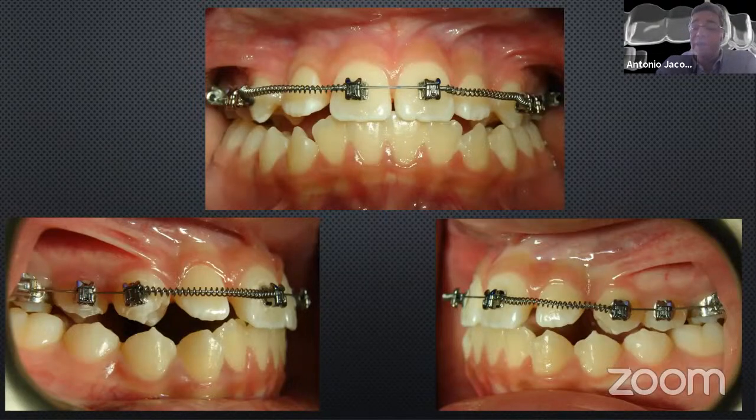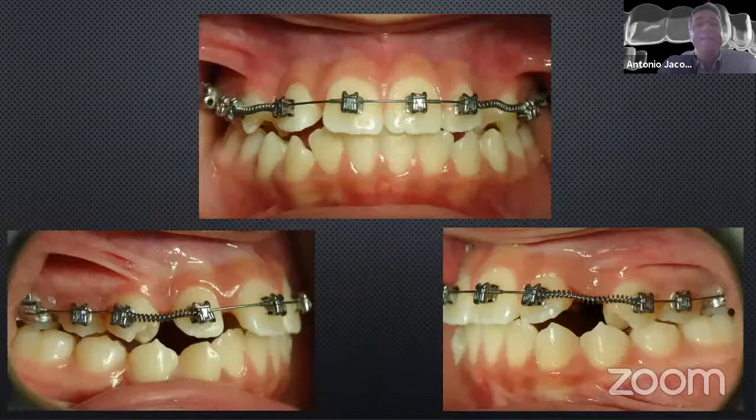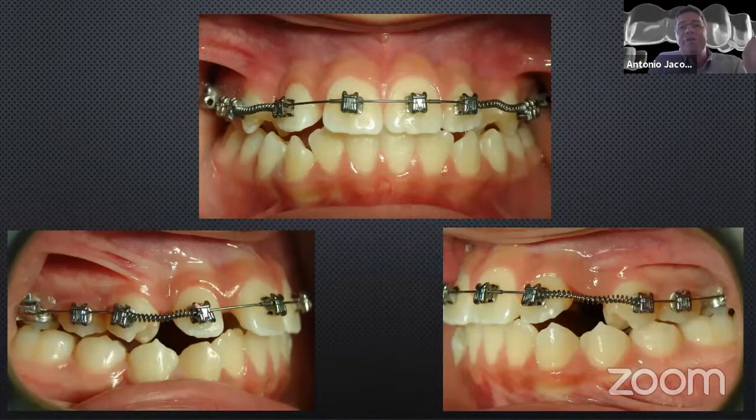It's very dangerous. So I opened the spaces like this, and then I bonded the lateral incisors with a very contra-angulated position of the brackets. So my intention is to bring the roots of the laterals towards mesial.